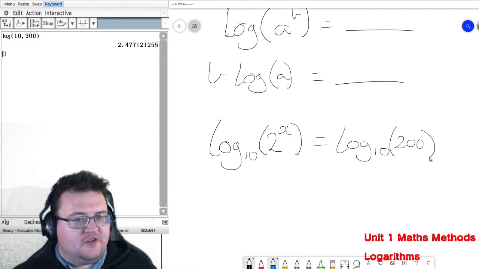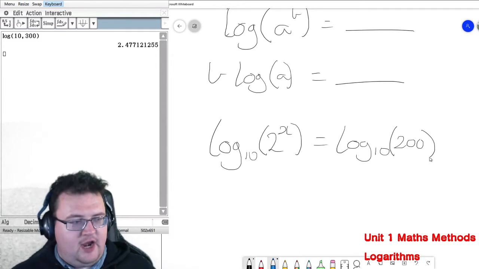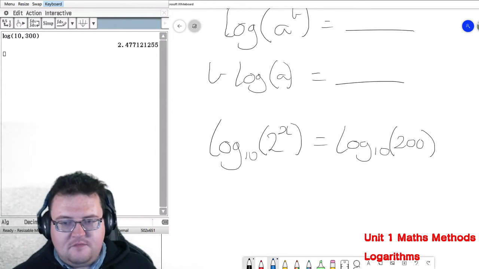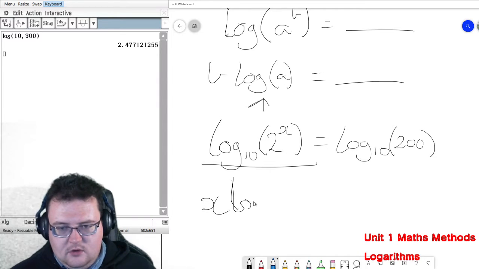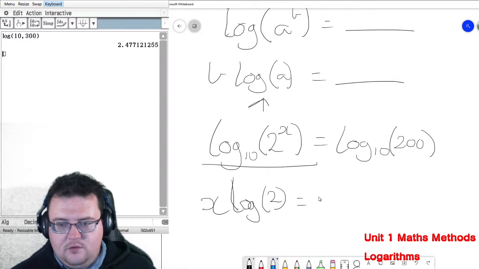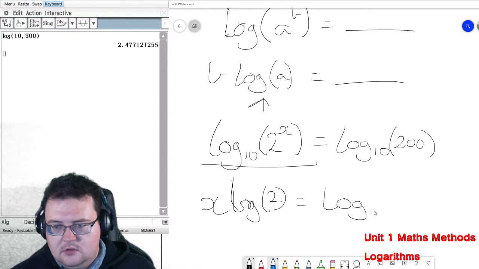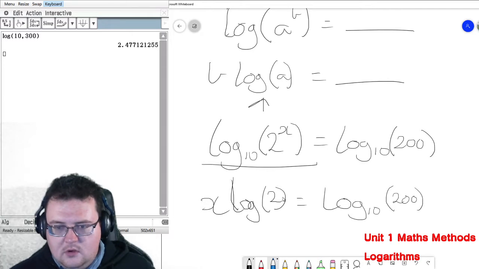Because anything I do to the left-hand side, I do to the right-hand side. Then, from there, I can use this law above here to simplify what I've got here. x comes down the front, and I'm left with x log of 2 equals log of 200.